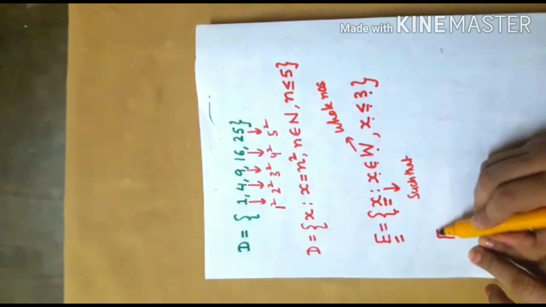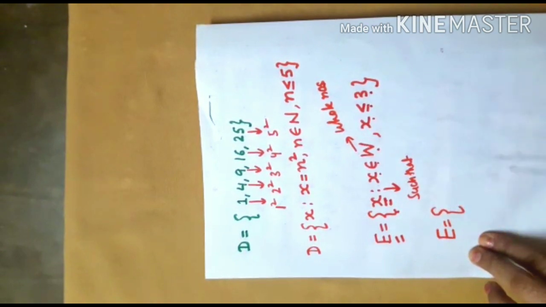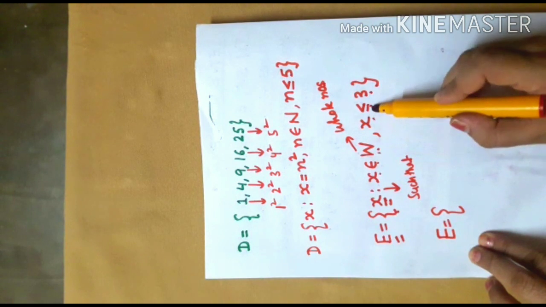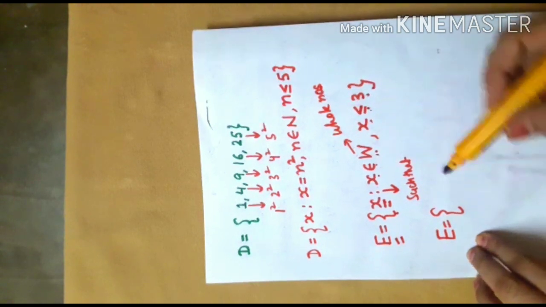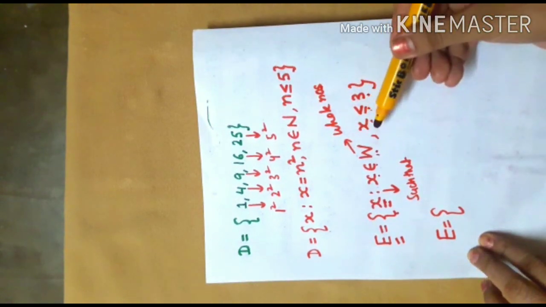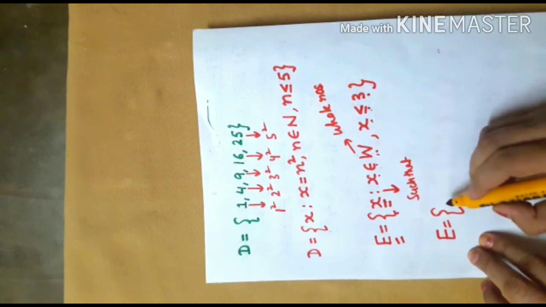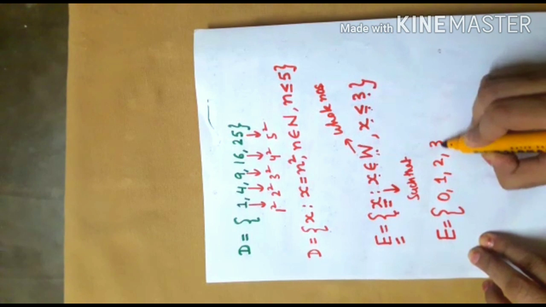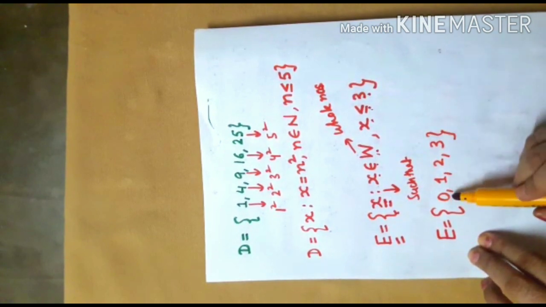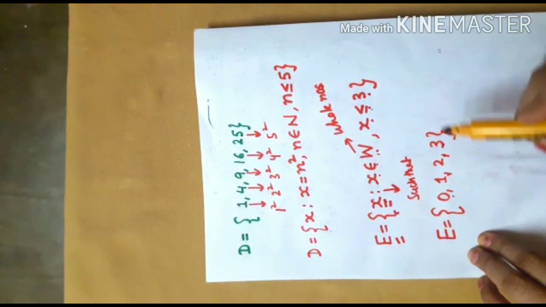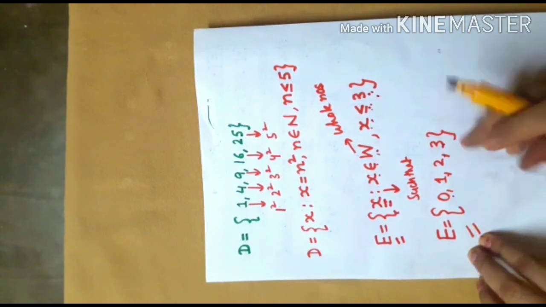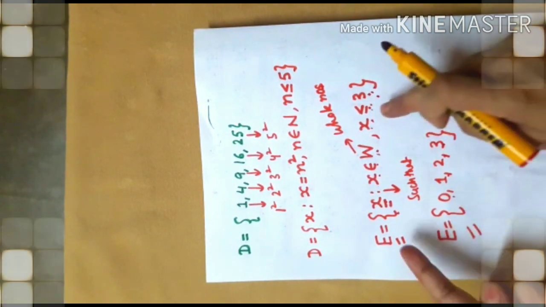That means E is the collection of all whole numbers which are less than or equal to 3. So if I have to write this set in roster form, I'll write this as {0, 1, 2, 3}. All whole numbers less than or equal to 3. So this is the roster form and this is the set builder form.